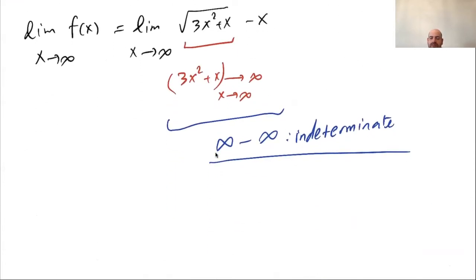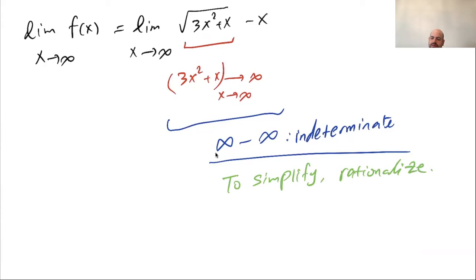That's why it's an indeterminate form. And when we have an indeterminate form, we have to simplify. How can we simplify? We said that to simplify when we have a square root involved, we can factorize, we can rationalize, right? So let's rationalize.